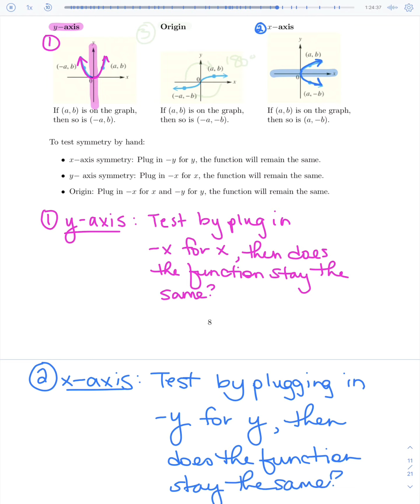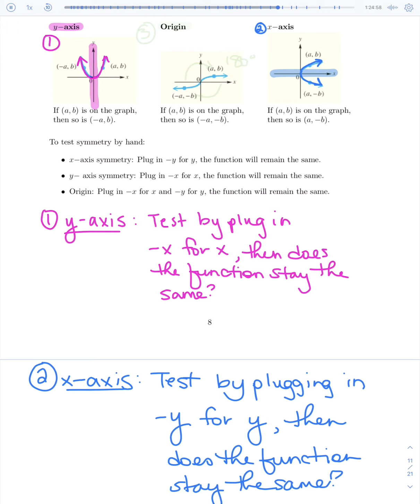If it does, then it will have x-axis symmetry. If it doesn't, it won't. So, when you're testing y-axis symmetry, you're plugging in negative x for x. When you're testing x-axis symmetry, you're doing the reverse. You're plugging in a negative y for y.